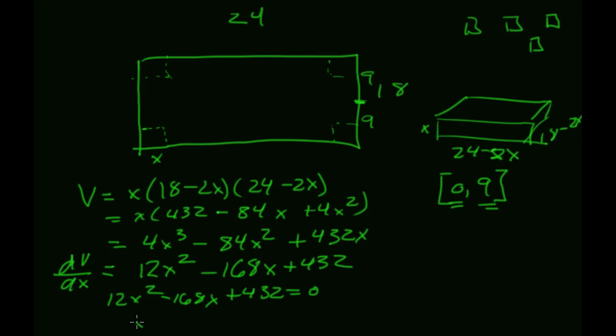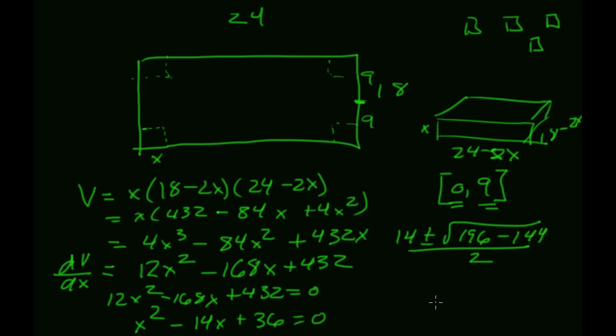I believe this is divisible by 12, so I'm going to get x squared minus 14x plus 36 equals 0. Okay, I don't believe that's factorable, so we use the quadratic equation: 14 plus or minus the square root of 196 minus 4ac, which gives me 144 there, all over 2.